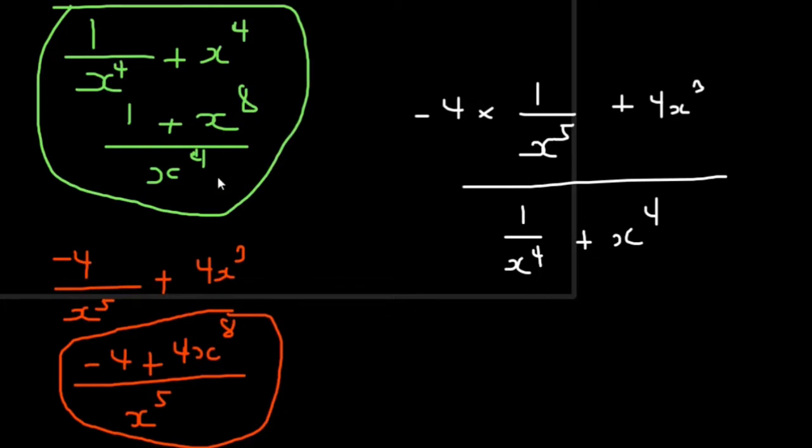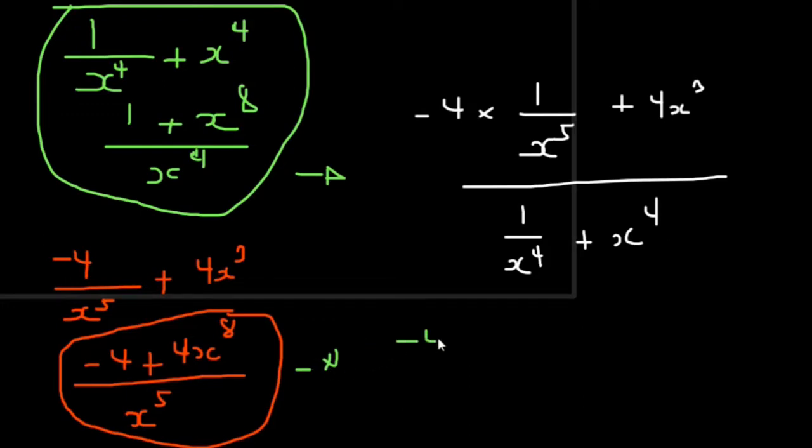What you are going to do is, since this is our denominator and this is our numerator, you are going to write it in this form. Let me write the numerator first.